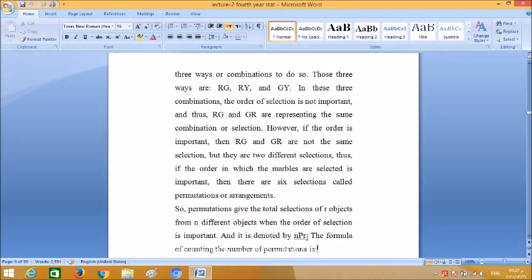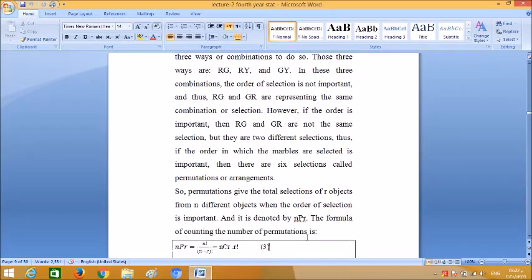The formula of counting the number of permutations is nPr equals n factorial divided by n minus r factorial. Because nCr equals n factorial divided by r factorial multiplied by n minus r factorial, so here there is no r factorial when using nPr. Okay, so if you multiply nCr by r factorial, you will get nPr.